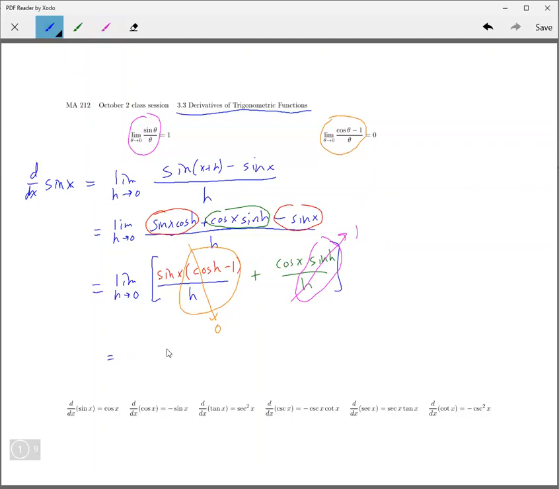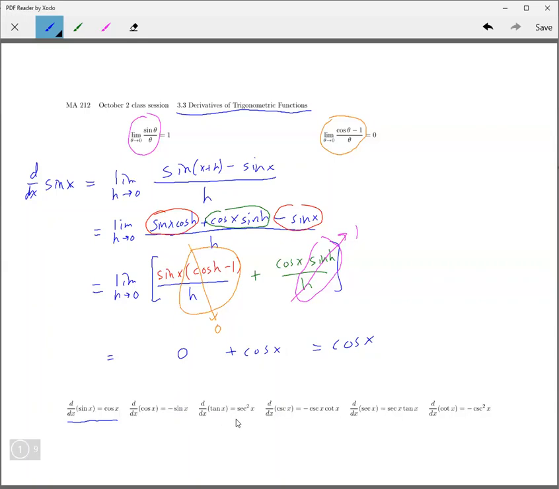So in the end, since that goes to 0, and 0 times sine x makes the whole thing go to 0, and since that goes to 1 and it's times cosine x, then it's cosine x. Okay, so the derivative of sine is cosine, and that's this formula right here. Now you could do the same thing with cosine, where a similar thing will happen, and you'll get negative sine x.